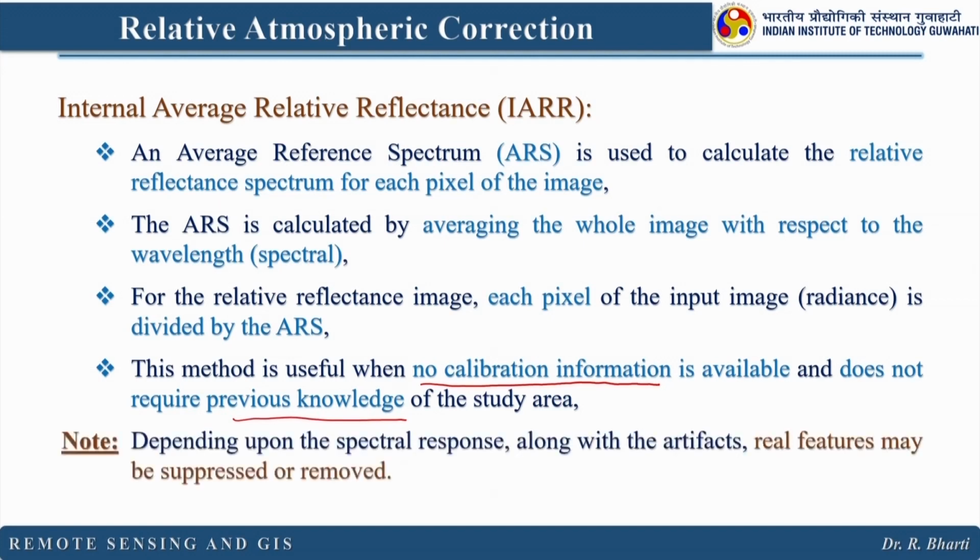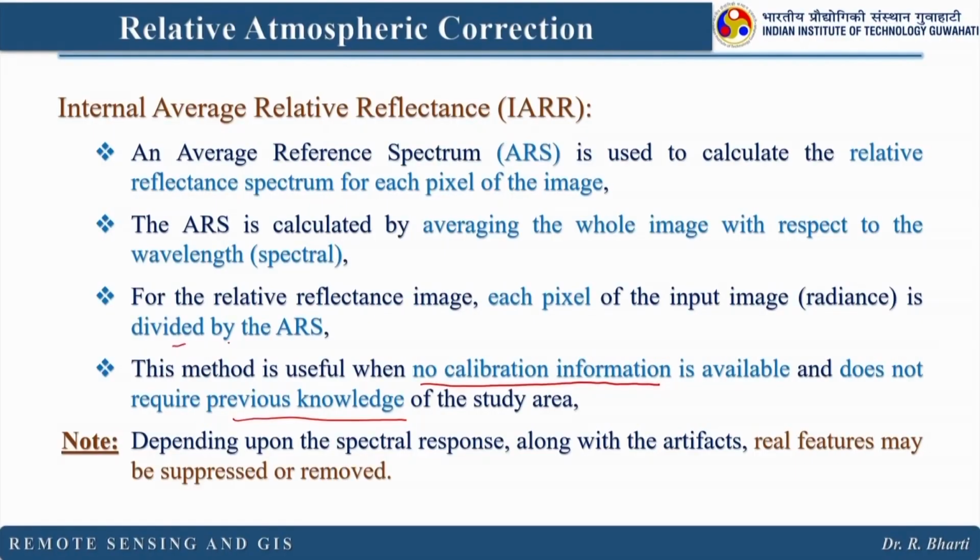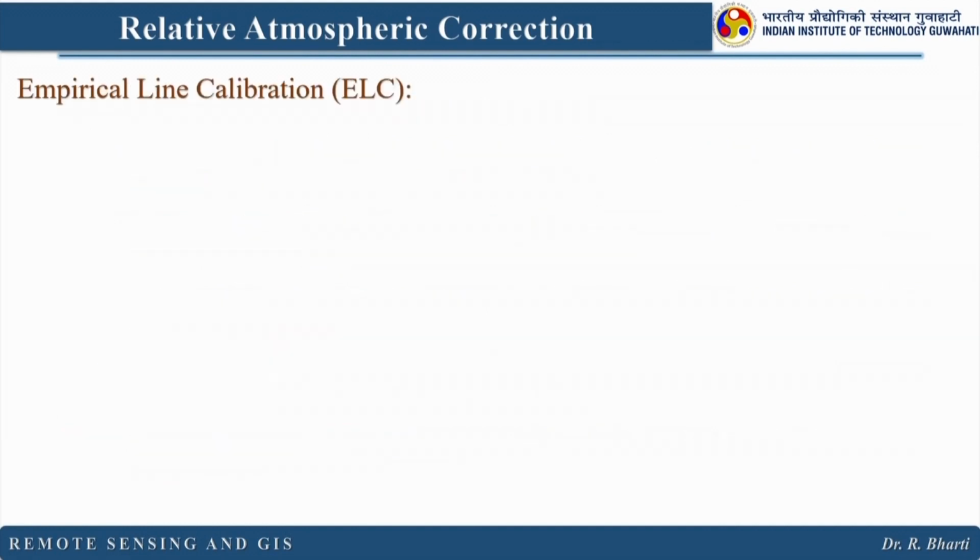Depending upon the spectral response along with the artifacts, real features may be suppressed or removed, because here we are going to use the average value calculated for this whole band, right. If one target has some DN value x1, which is similar to your calculated average value for that particular band, then when you are dividing it, that feature will be removed from your image. So, this is the limitation of this particular method.